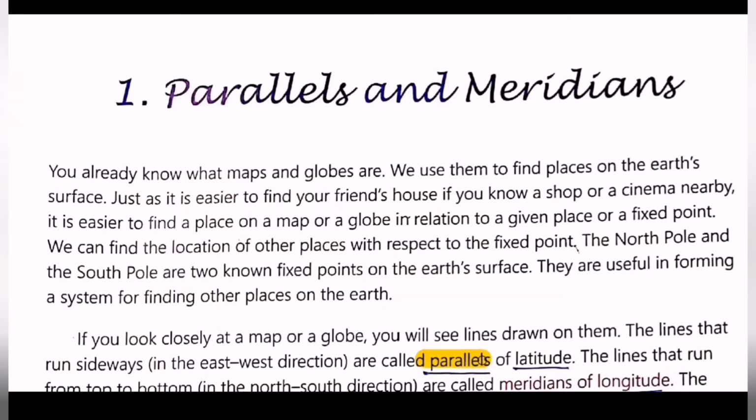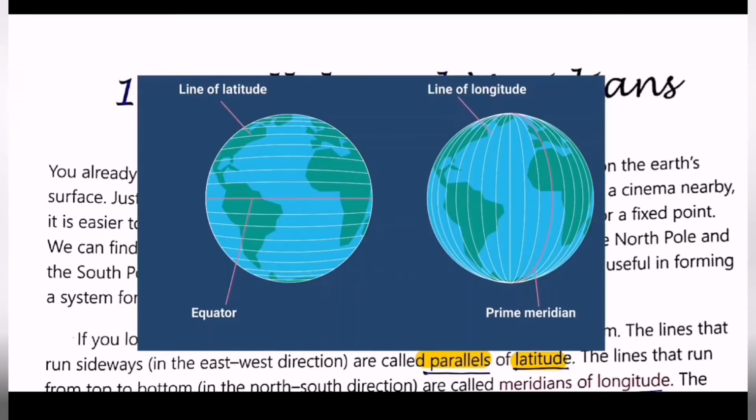The lines that run from top to bottom in the north south directions are called meridians or lines of longitude. So you will see the lines of latitude and lines of longitude in this picture as shown on the screen.